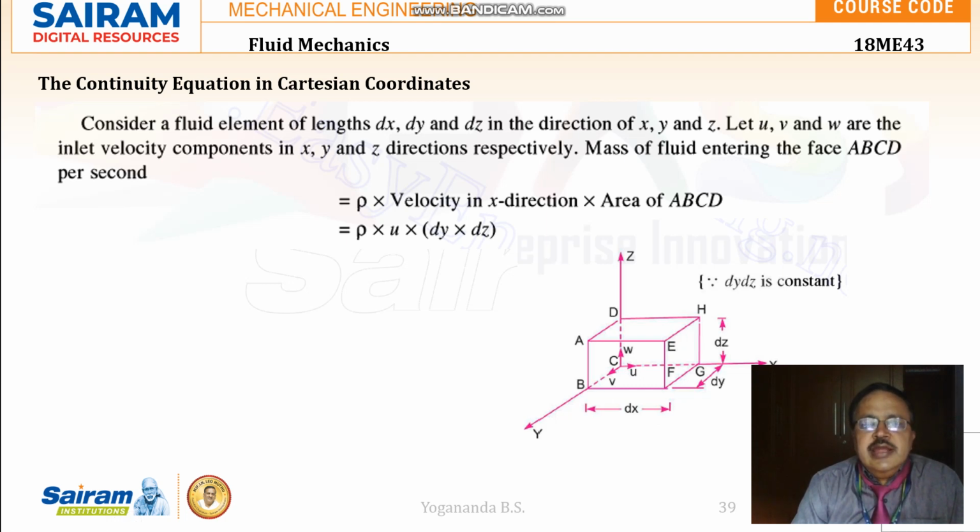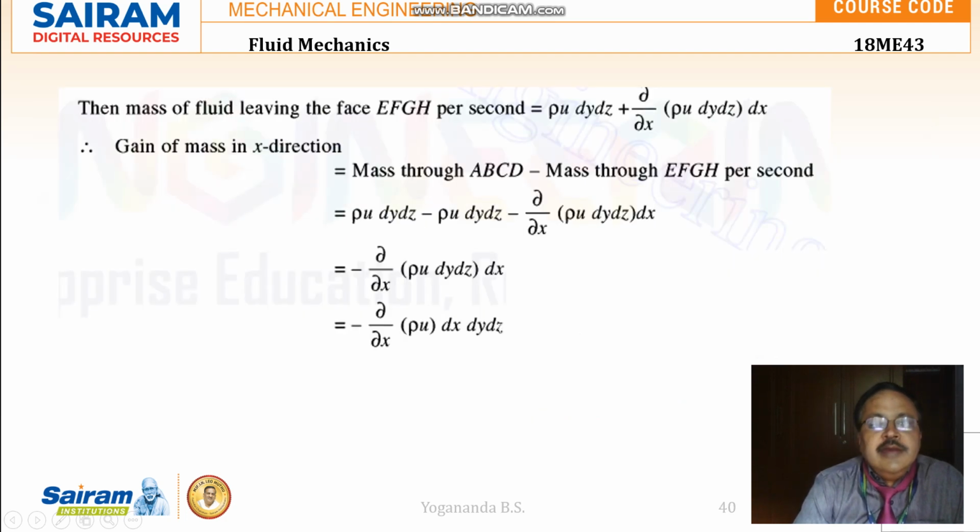Velocity in x direction is u. The area of the face has width dy and height dz, so the area of this face ABCD is dy into dz. Velocity is u. So rho into A into V is the mass of the fluid entering the face ABCD.